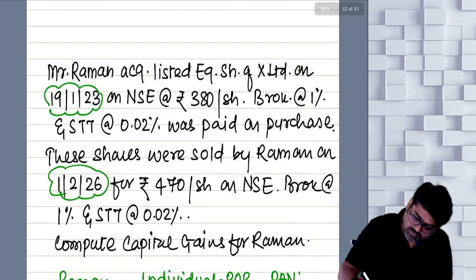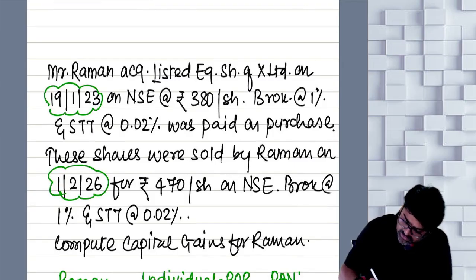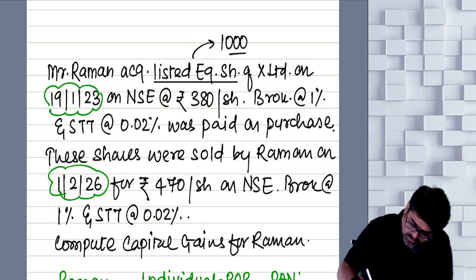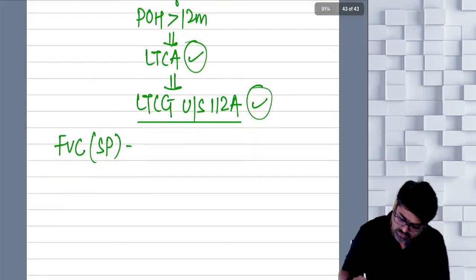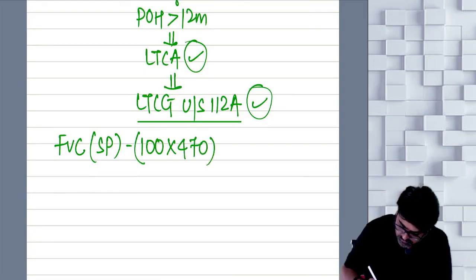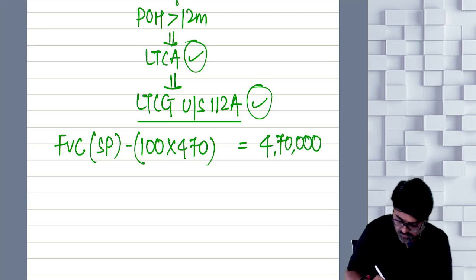The shares are not given. I'll write down acquired listed equity shares, and I'll write the number 1000 listed equity shares. So selling price will be 1000 shares into 470. 4,70,000 will be the full value of consideration.